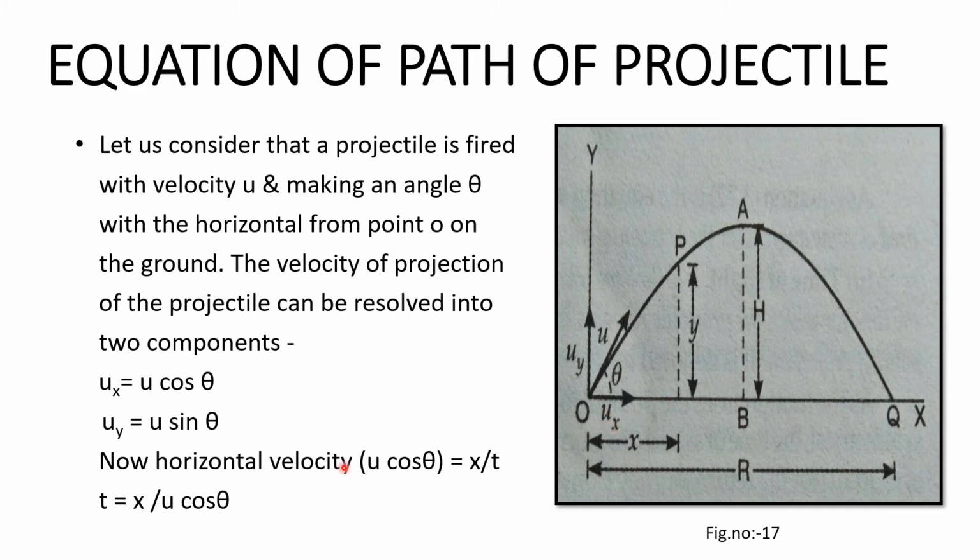Now the horizontal velocity component, u cos theta, is equal to distance upon time. Now distance, let it be x, and time, let it be t. Therefore horizontal velocity is equal to distance upon time, which is equal to x upon t. Now therefore t is equal to x upon u cos theta.